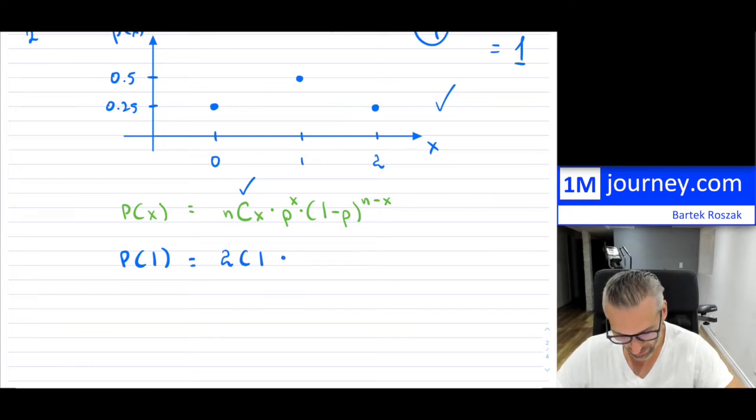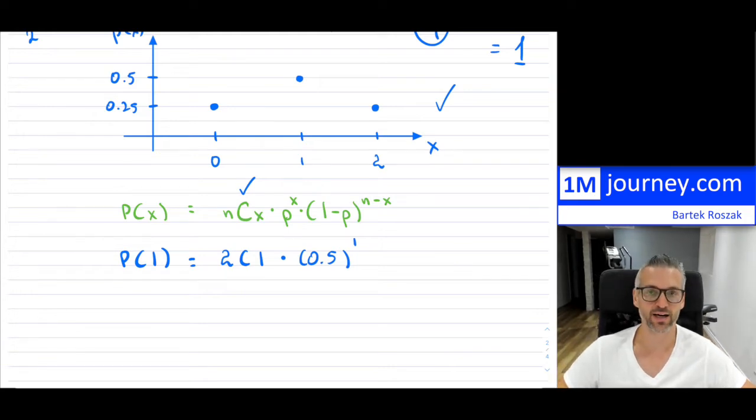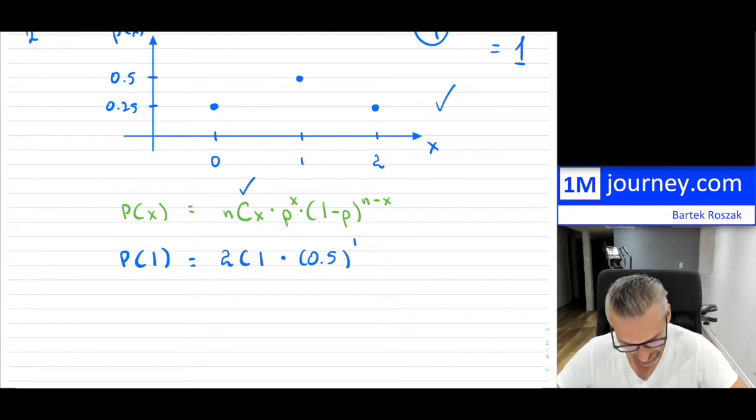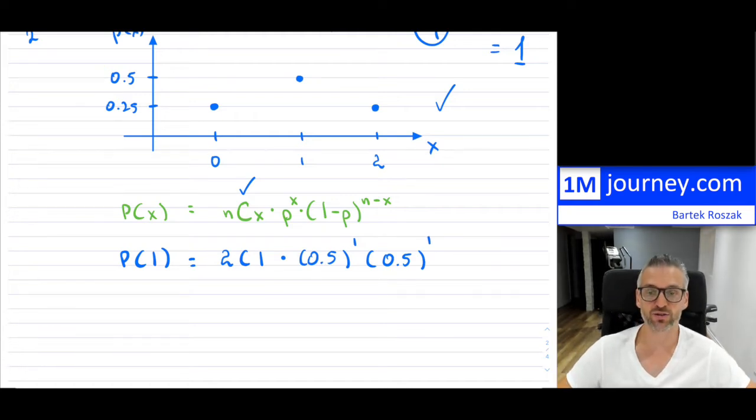But now if you want the probability, you're going to have to multiply it by the probability of success, raised to the number of times it happened, which is 1 time. And then the probability of failure, which is 1 minus p, which is also 0.5. Now this exponent was 2 minus 1, which is 1, which should make sense to you, right? You had a tails and a heads.